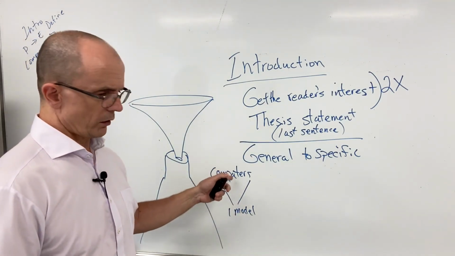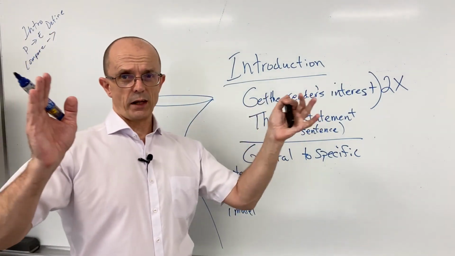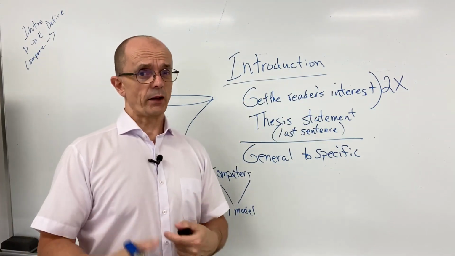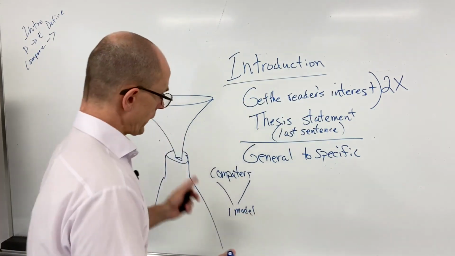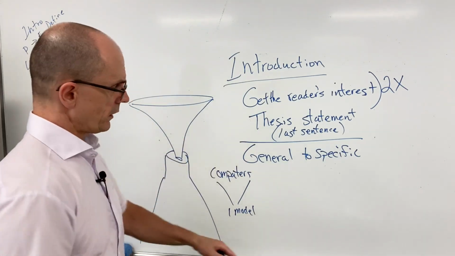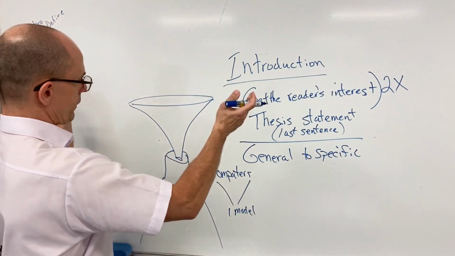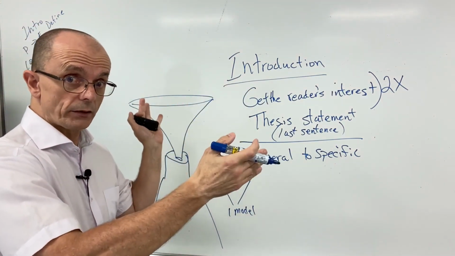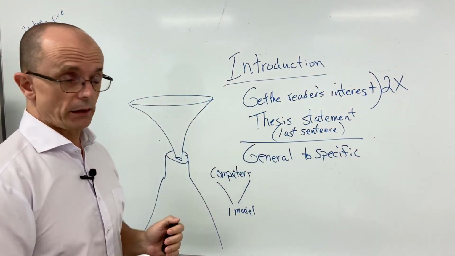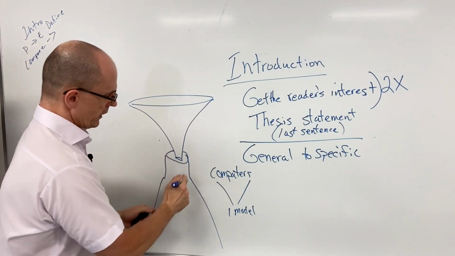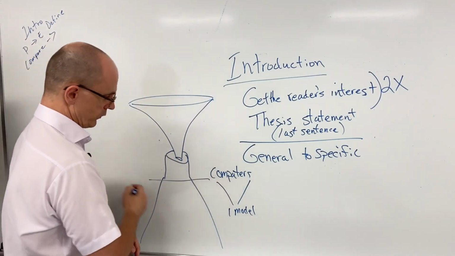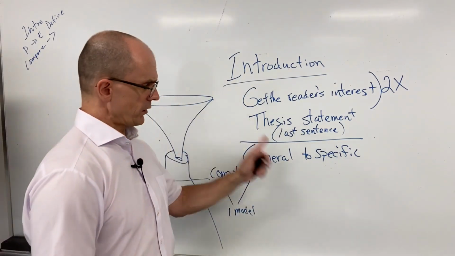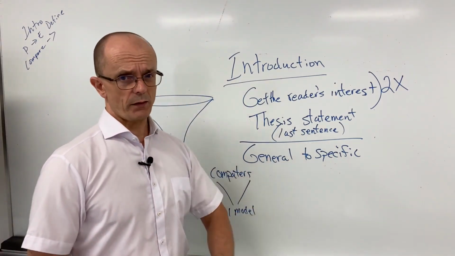I might start out talking about computers as a general way to bring you down to, I want to introduce you to this idea about software development. That's general to specific, and this is the reason we want to start with this very wide mouth, the very wide top, and try to catch as many readers as we can and bring them down, and then somewhere down here we can drop the thesis statement on them. So that's number one, general to specific.